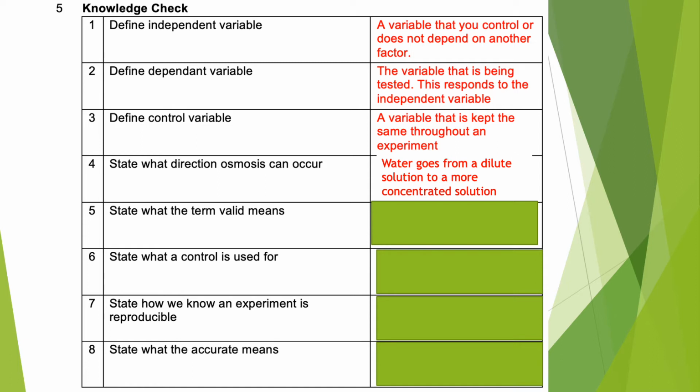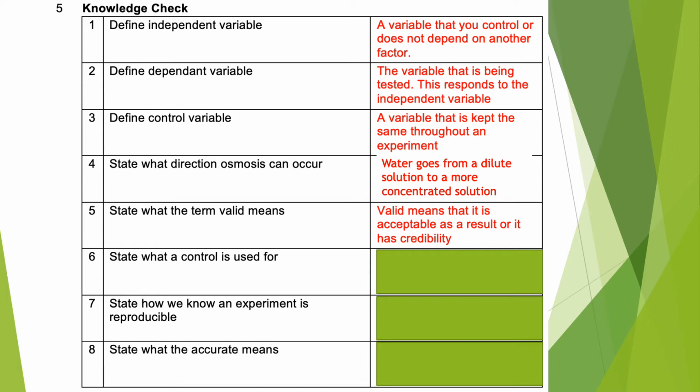Number 5, state what the term valid means. So going back to experiments, if a result is valid, that means it has credibility. If I came up to you one day and I said humans can fly, you might first say, no, they can't because I can't. But if I told you that I have proof that humans fly, you would want to see that proof, right?